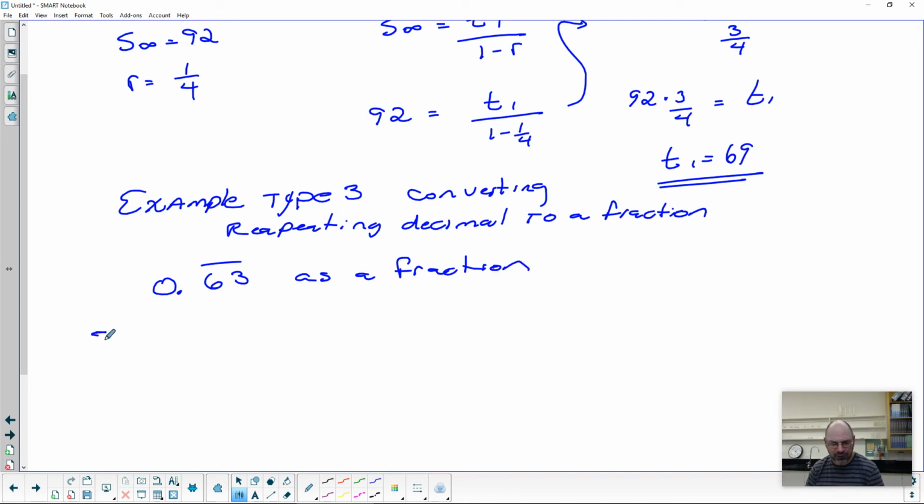Okay, so step one, we write this as a series. And this will be an infinite geometric series.